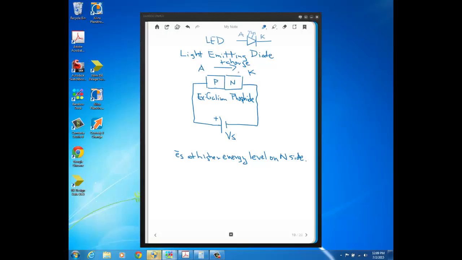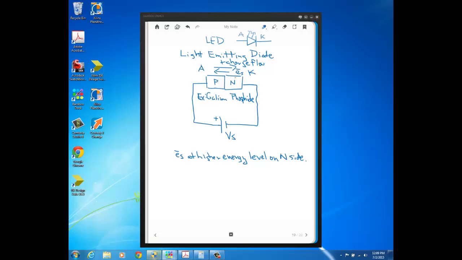But also, as you learned in your circuit class, if the positive charge is going one direction, well, the electrons are going the other direction, right? Because there's two ways to look at current, either as electron flow or positive charge flow.